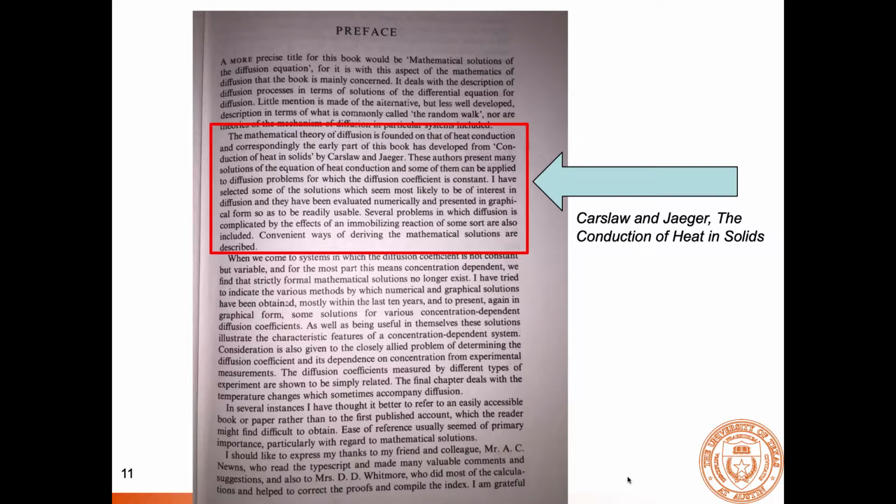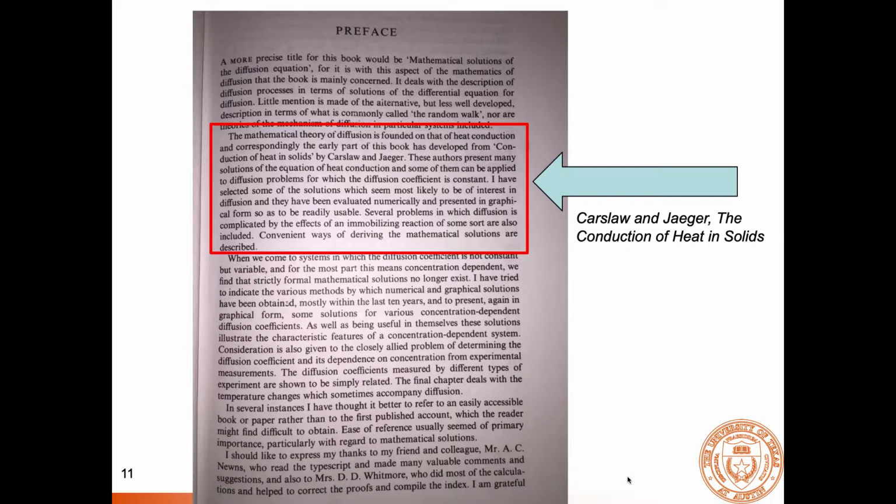If you make the substitution that you replace temperature with concentration, and replace thermal diffusivity with mass diffusivity, you can take a lot of the solutions out of The Conduction of Heat in Solids and apply them directly to diffusion problems. And so this would give you the notion, which is correct, that Carslaw and Jaeger was published before The Mathematics of Diffusion. And so Crank didn't see the need to rework all of Carslaw and Jaeger's solutions if they were directly applicable to mass transfer problems.